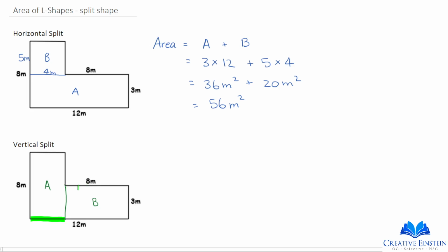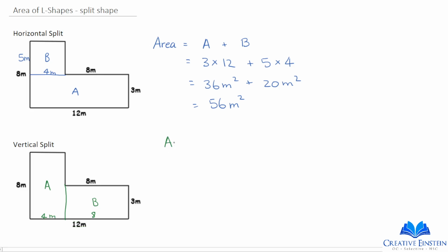But I do know that this is 8, therefore this part must be 8 as well. So I'm going to write 8 here, and the whole thing must be 12, which means that the length here must be 4 meters, because 4 plus 8 gives me the 12 meters on that side.